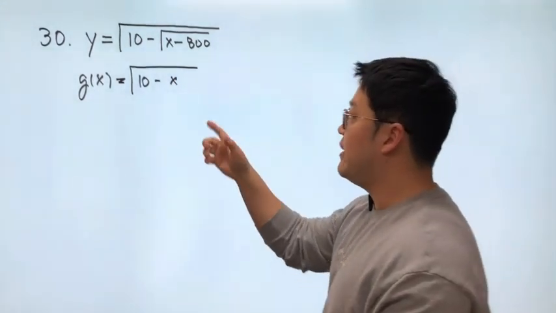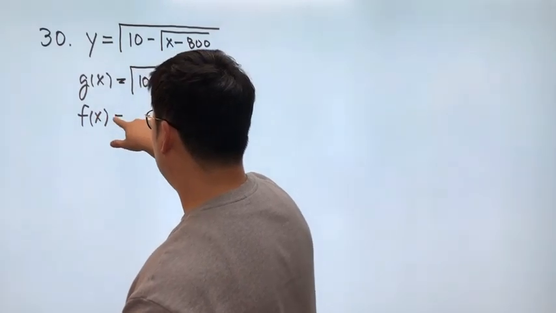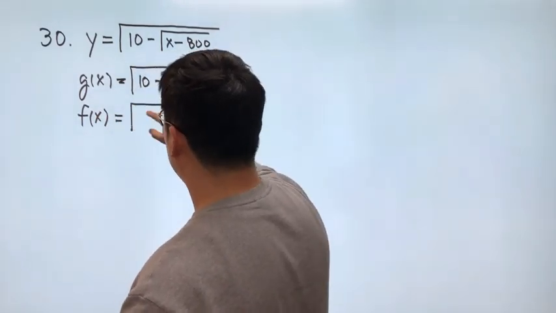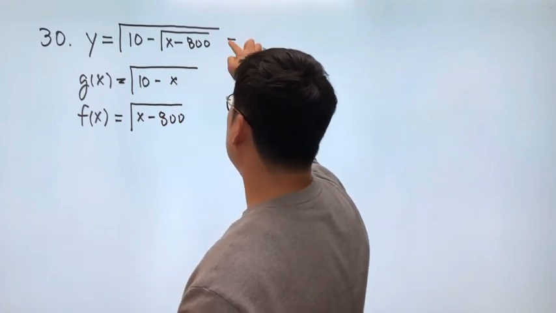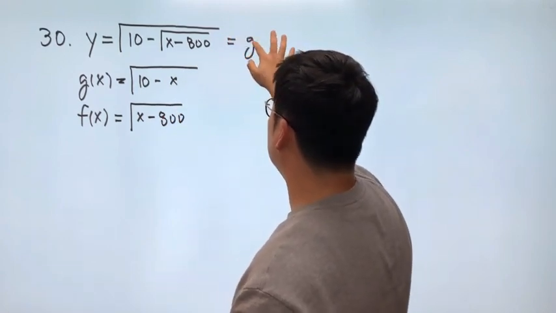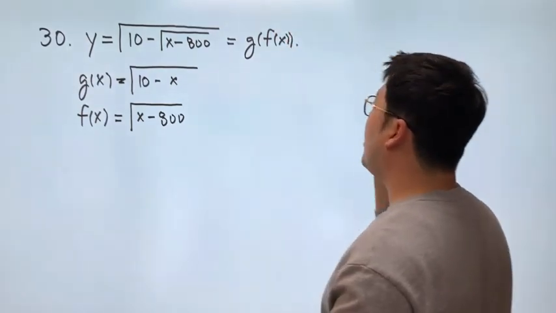And what about f of x, the inside function? The inner function f of x becomes the square root of x minus 800. And you can check that what you've seen in the original function would be g of f of x. So that's a composition of functions.